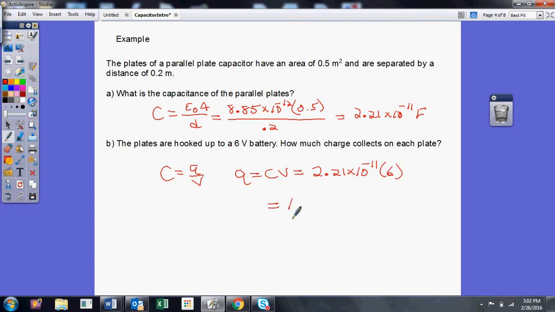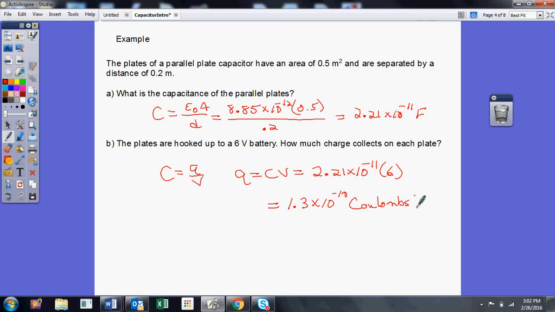So that'd be 1.3 times 10 to the negative 10th. And that's charge, so that'll be in coulombs. We have to be a little bit careful. We have capital C for coulombs and capital C for capacitance, and so it can be a little confusing sometimes. Make sure you pay attention to that.